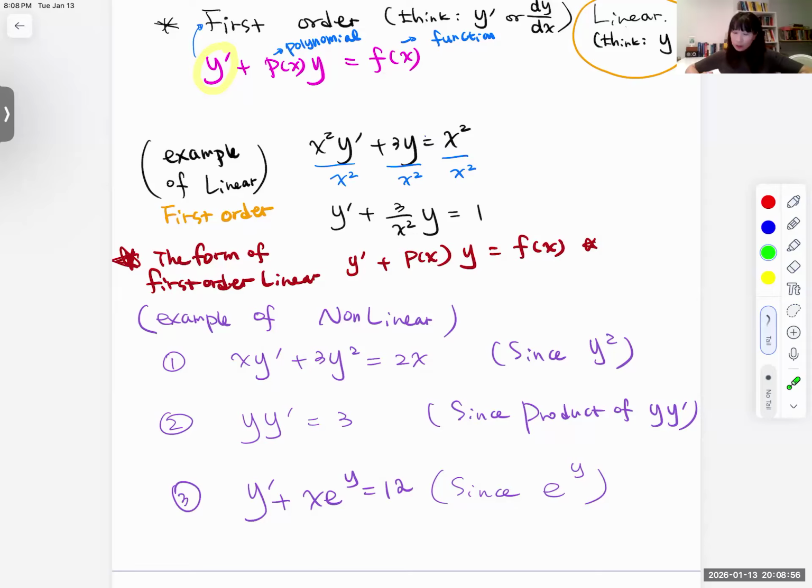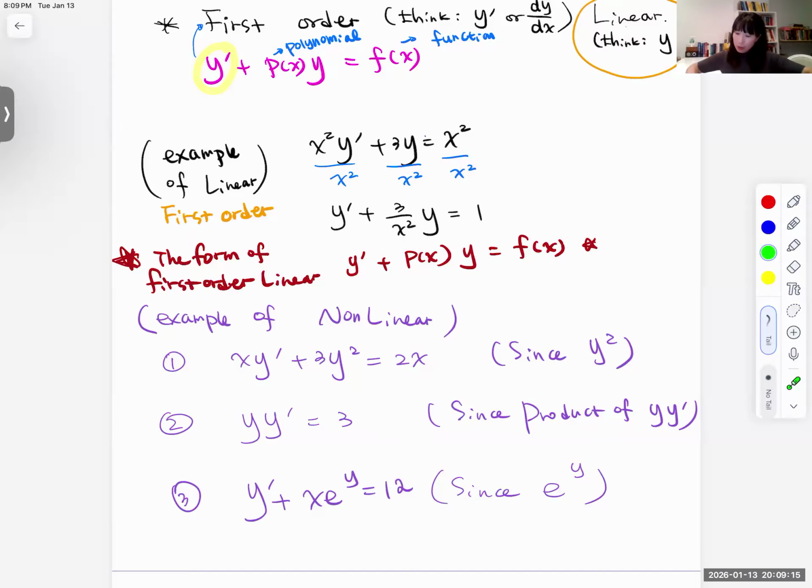So this is the first order linear form: y prime plus polynomial times y equal to the given function f of x. What about second order linear?